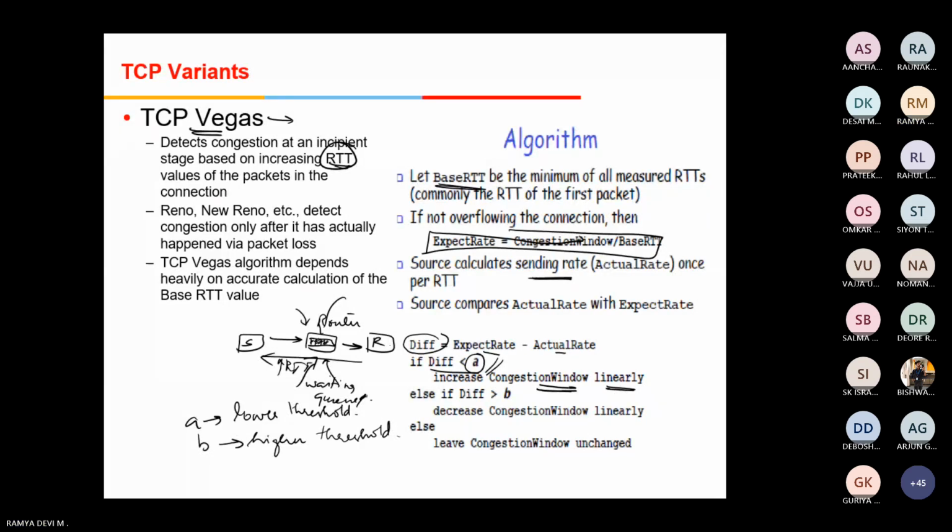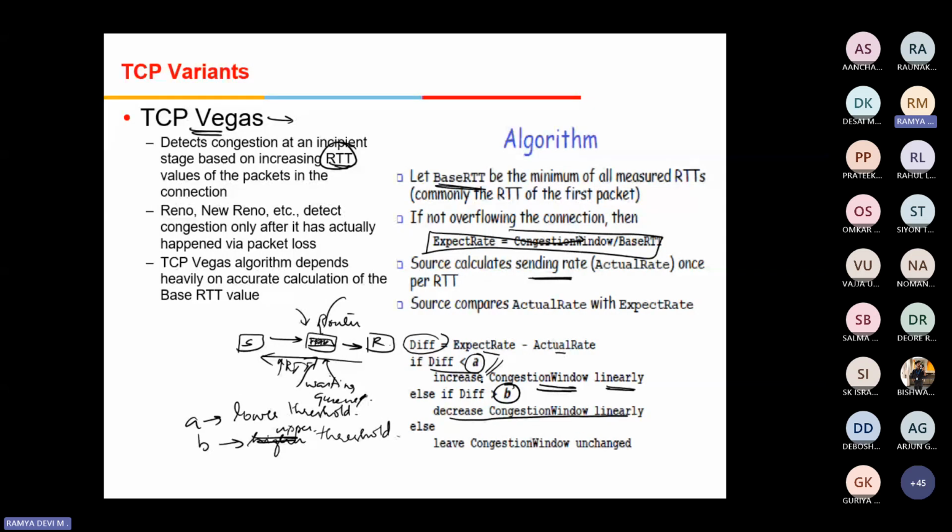But if the difference is greater than the upper threshold value, what does it mean? There is a possibility of congestion, so it will decrease the congestion window linearly.